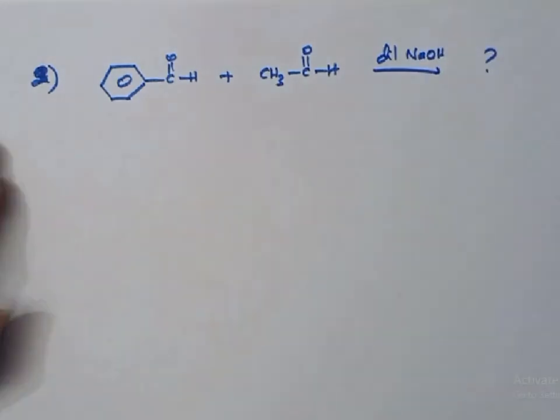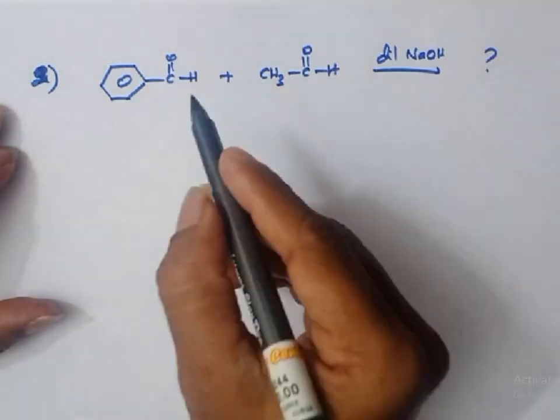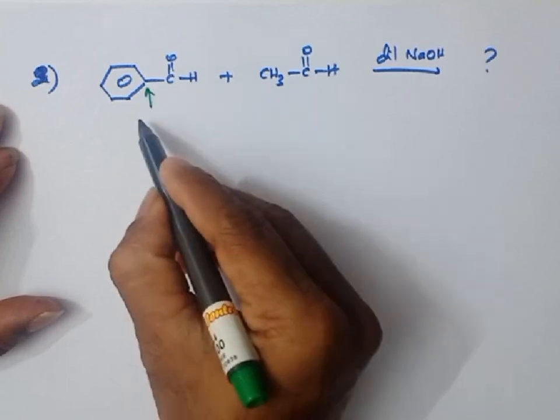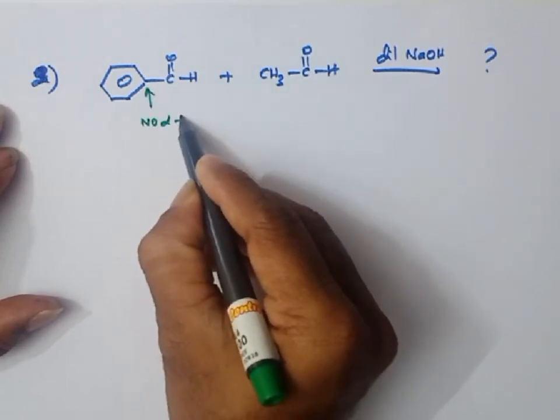What is the product? Will this undergo an aldol reaction or not? The first question is, is an aldol reaction possible here? The answer is this. Listen, students. Here we have an aldehyde group, and this is where the alpha hydrogen would be, but there is no alpha hydrogen here.